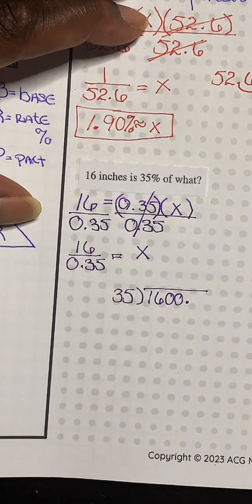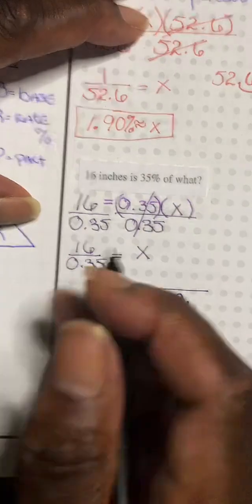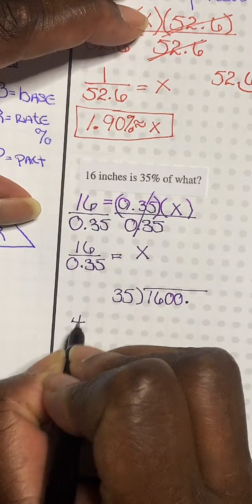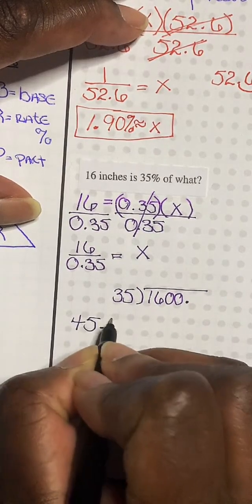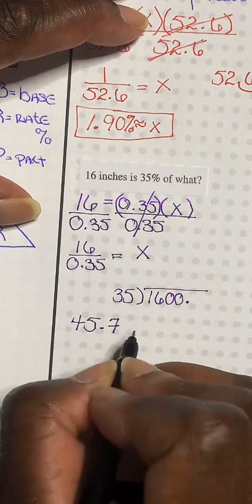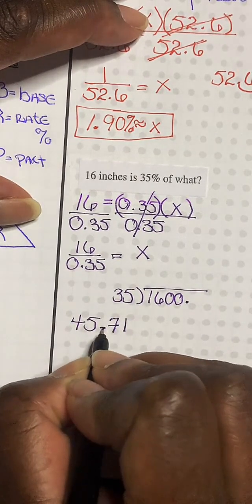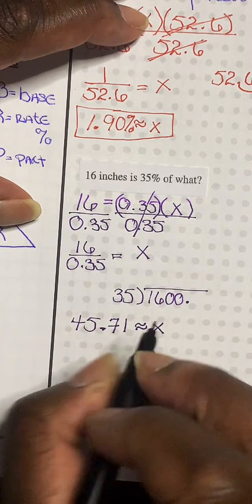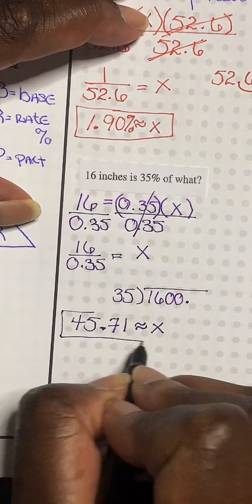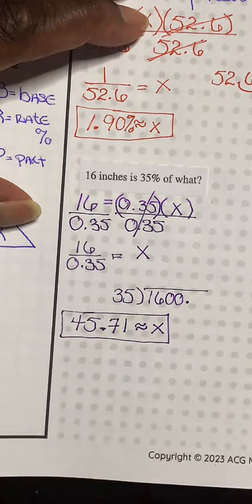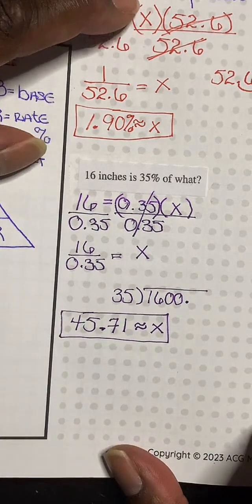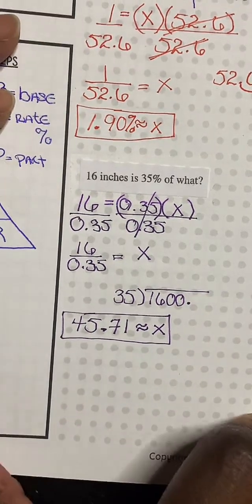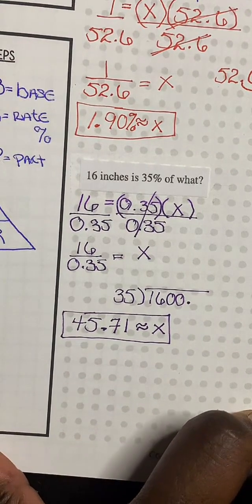And a couple of you guys already had it with 45.70. Let's take it to the 100 spot. And since it's an approximation, I'm going to use my waves. Some of you guys already have that, which is good.